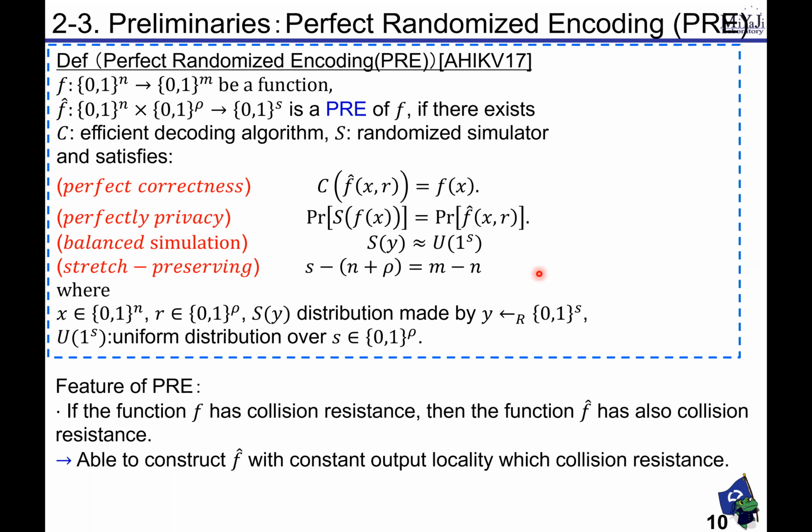Because of the time restriction, we omit the explanation here, and please look at our paper. So the feature of PRE is that if the function F has collision resistance, then the function F hat also has collision resistance. So we can construct F hat with constant upper locality with collision resistance.